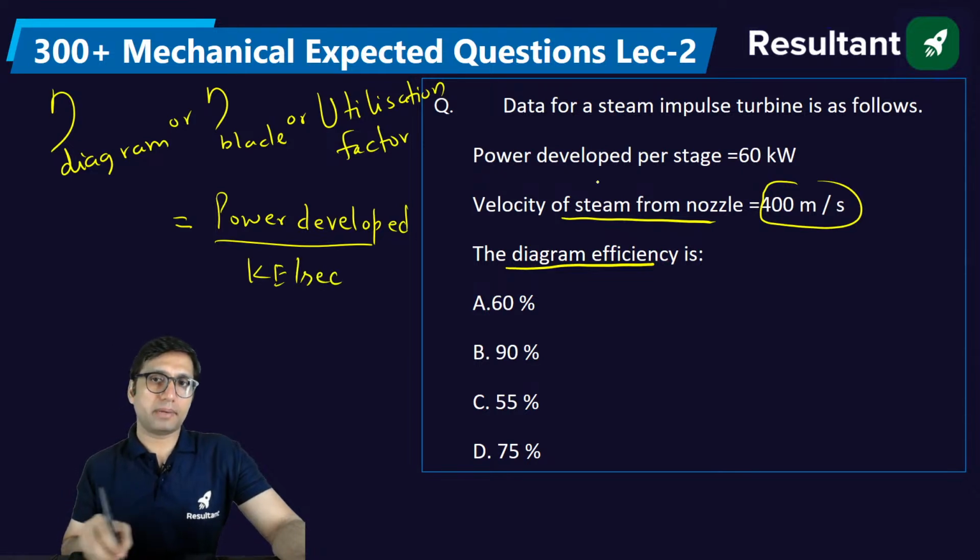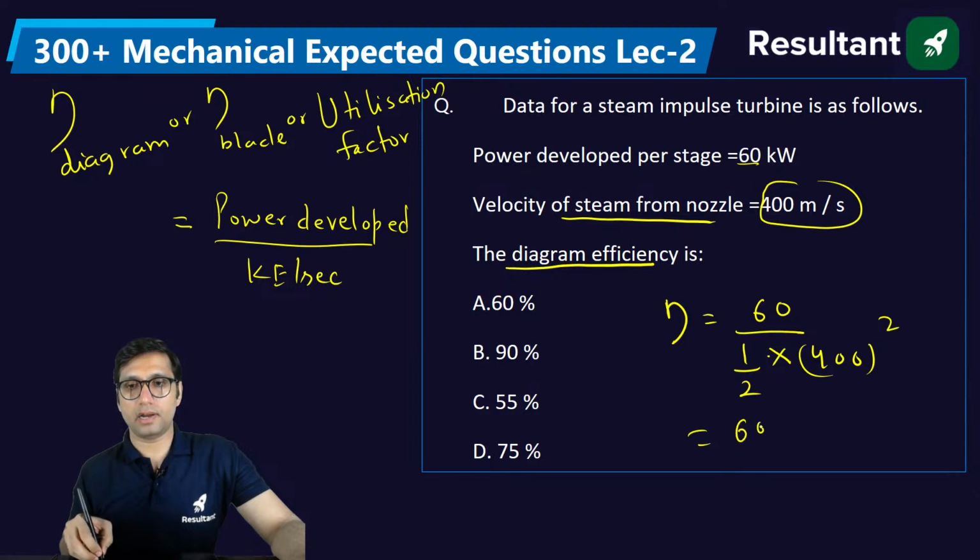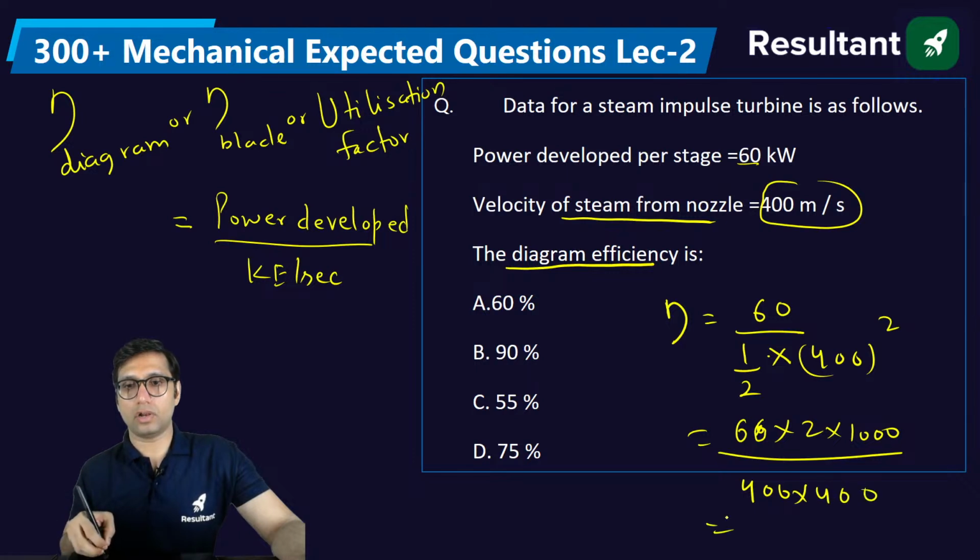Diagram efficiency equals 60 divided by half of mass flow rate, which is not given, into velocity square, that is 400 square. Solve it: 60 into 2 into 1000 divided by 400 into 400.